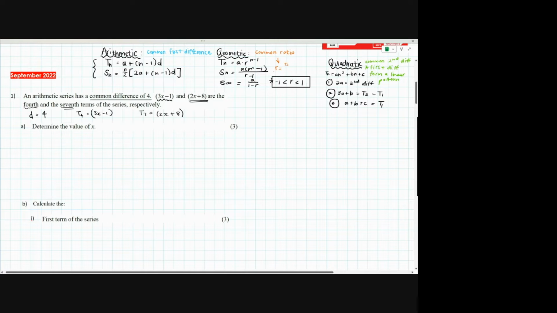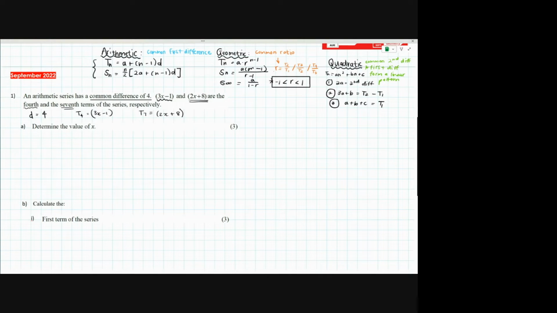You could take term 2 and divide by term 1, term 3 divided by term 2, term 4 divided by term 3, etc. As long as they're consecutive and it's the next term divided by the term preceding it, then you'll be able to find r. Because it's a ratio, we have to do the division. Okay, sorry, Humelo, I do apologize. Back to this.